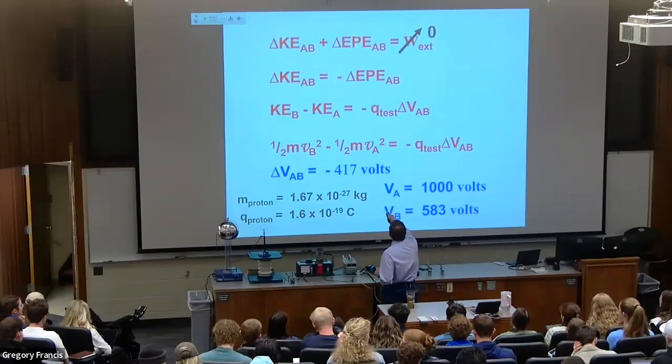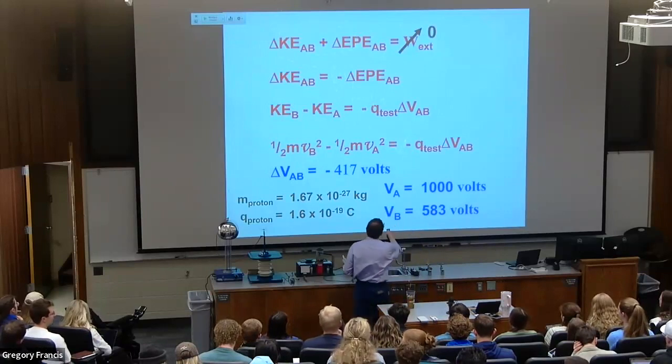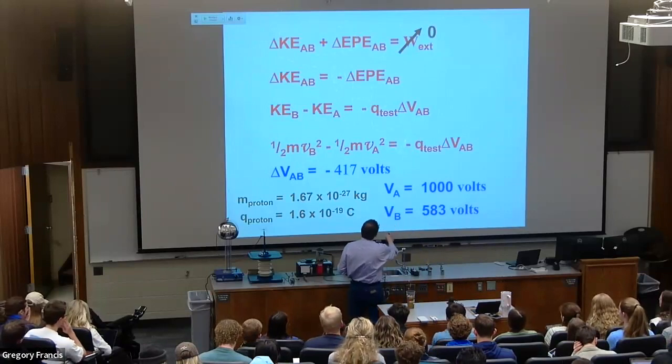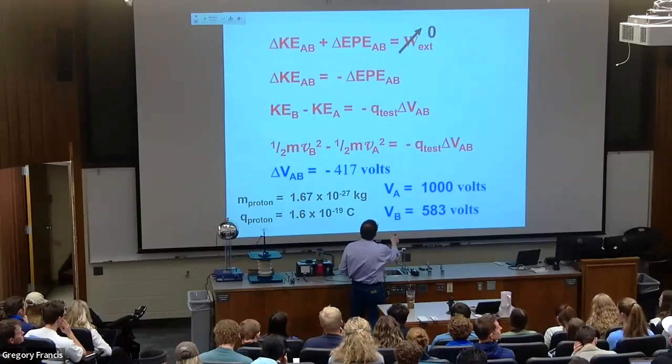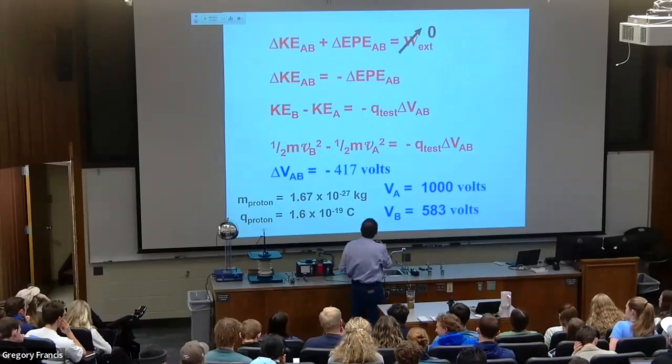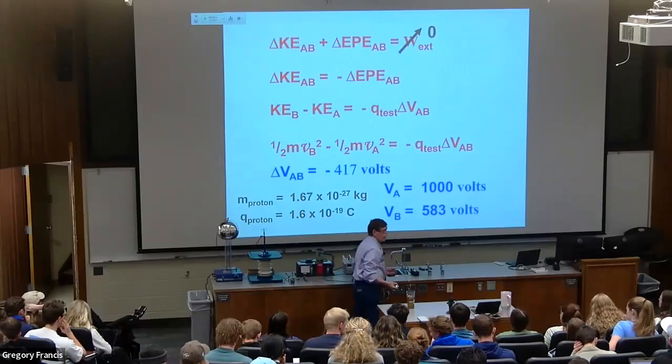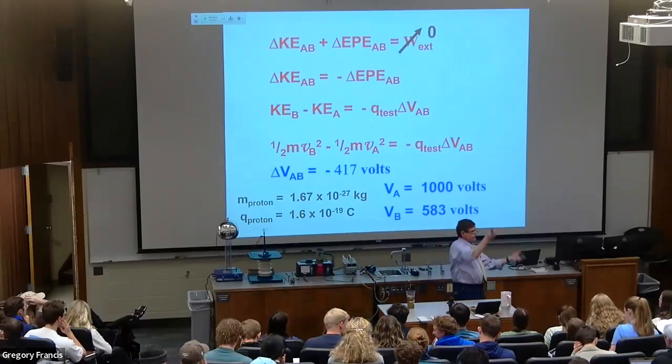So that minus sign always goes there and we carry it down. Now, if this were an electron, I would put in a -1.6 times 10 to the -19 coulombs. But because this is a proton, I'm putting +1.6 times 10 to the -19 coulombs. Okay, so this minus sign is just a part of whatever goes up must come down.